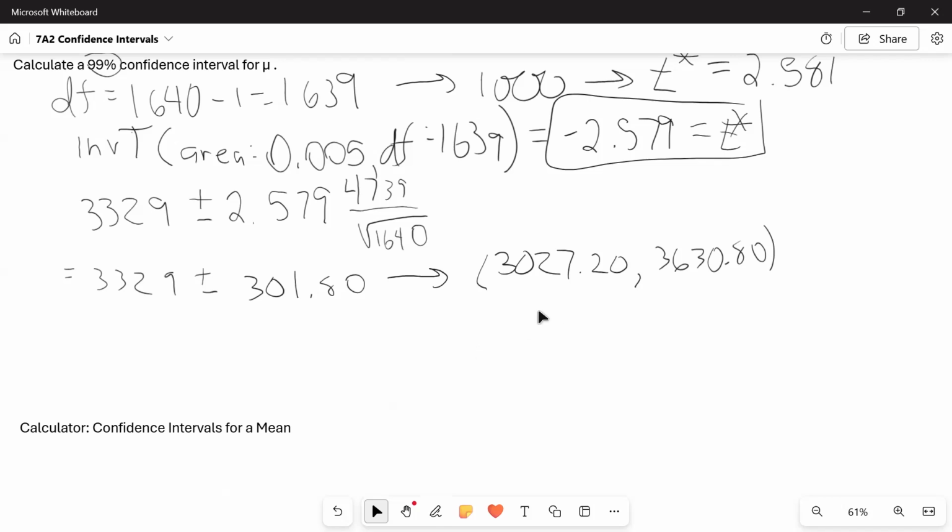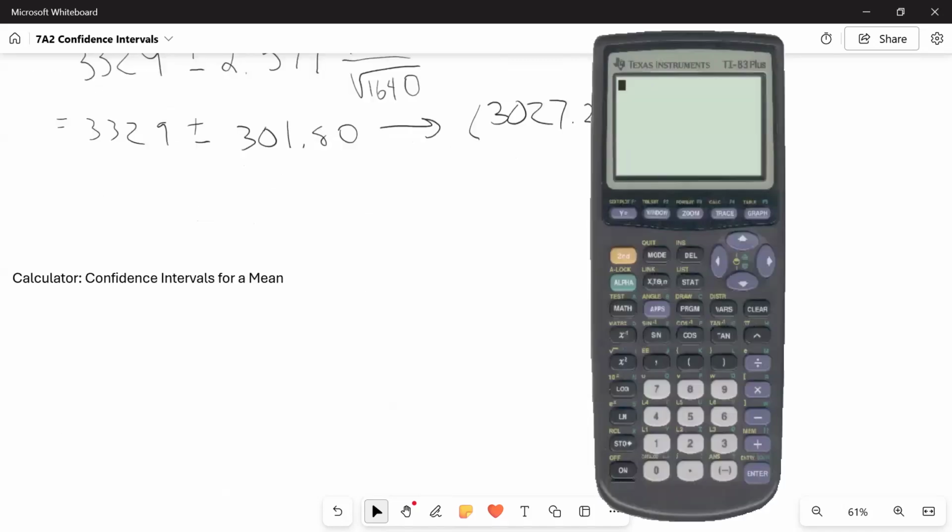Now, as you probably guessed, because it says it right here, you can actually calculate a confidence interval for a population mean directly on the calculator from sample data or summary statistics. So we're going to bust out our calculator here, and the steps are going to be the same whether you're using an 83 or an 84. So once you have your calculator on, hit stat, arrow over to tests.